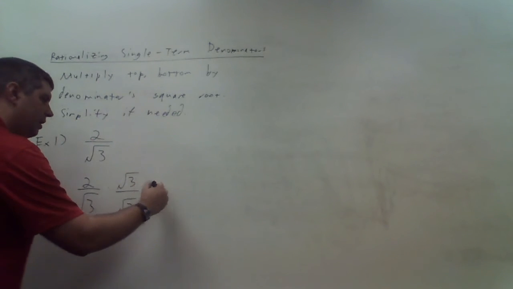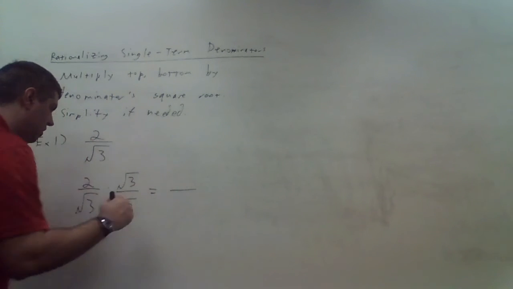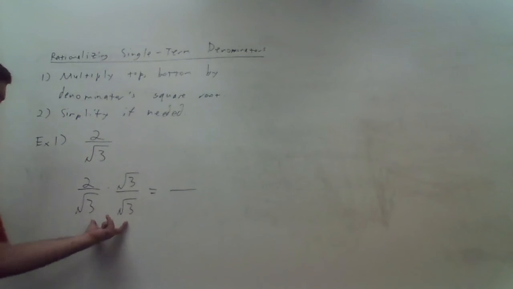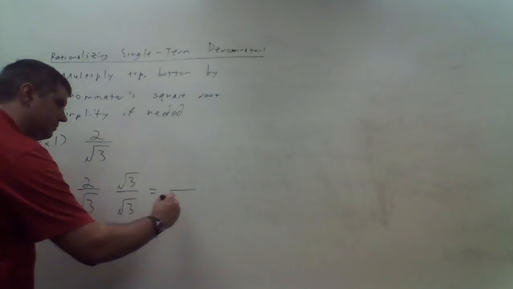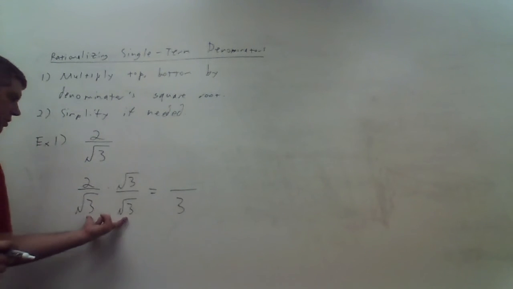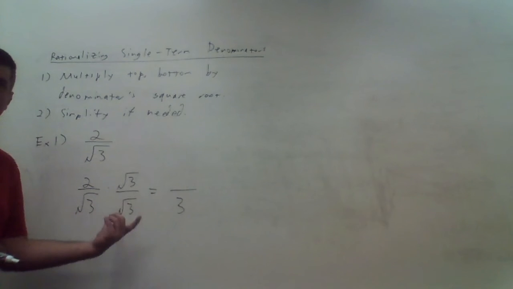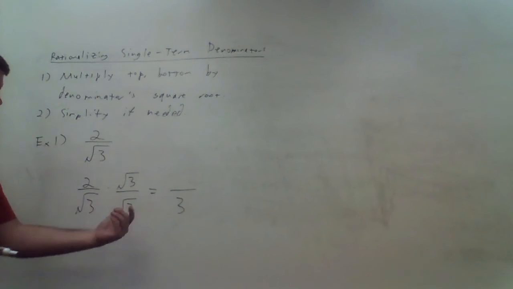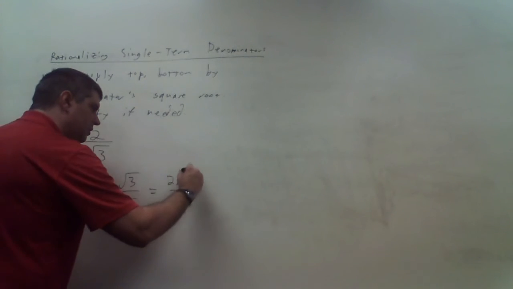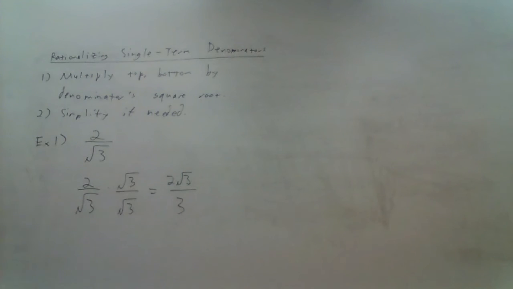Well, down here, you're going to have the square root of 3 times the square root of 3. Well, that's the square root of 3 squared, which just leaves you 3. Square root squared leaves you the radicand, which is 3. And this is 2 times the square root of 3. And that's as far as that can go. Okay?